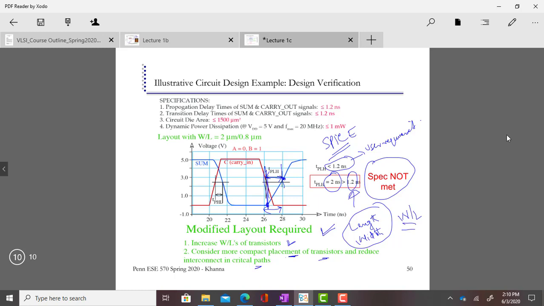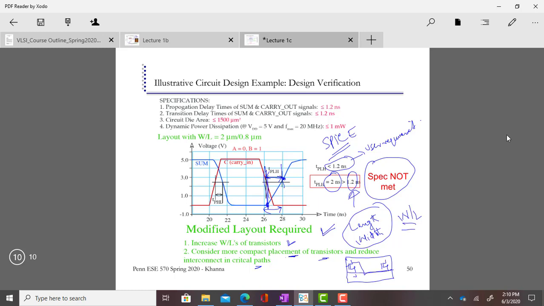So I told you before that if you have this area for your chip, you may decide that a transistor may be placed here and another transistor may be placed here, and these two transistors may be connected. For example, they may be connected like this. But this is one option.